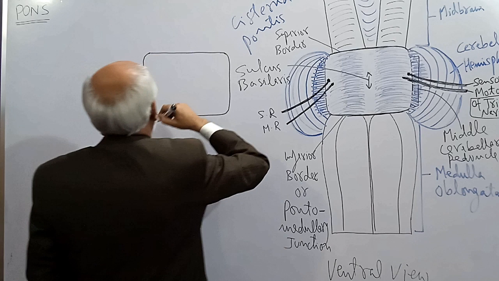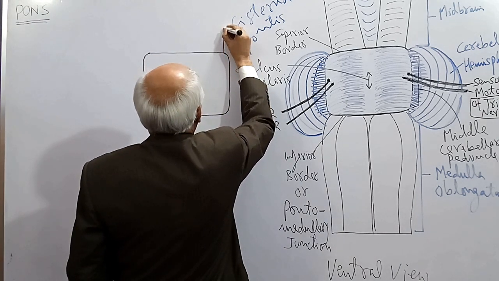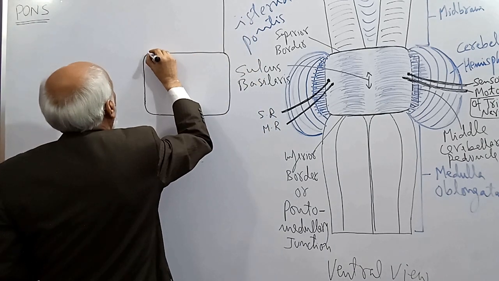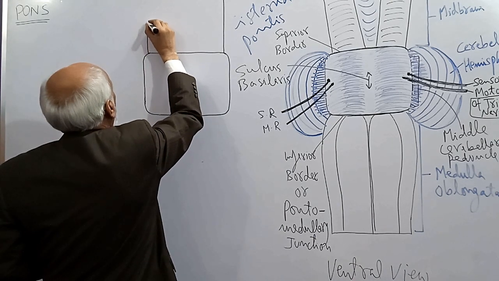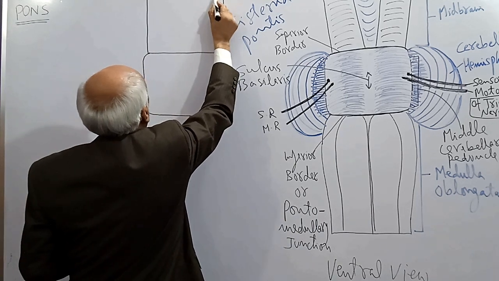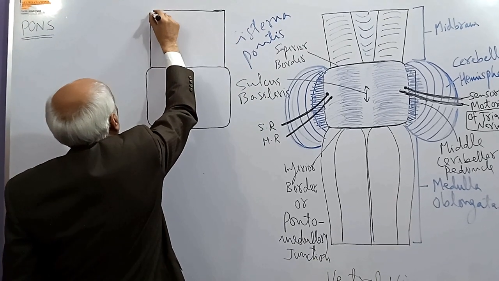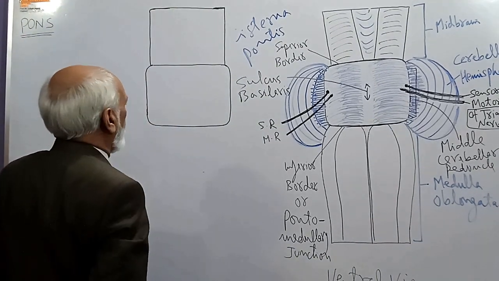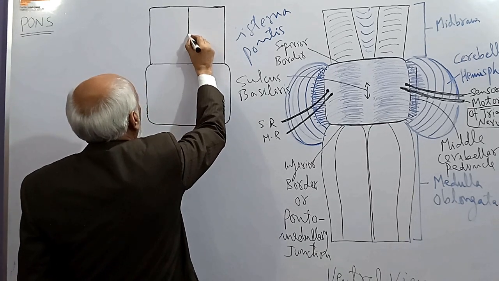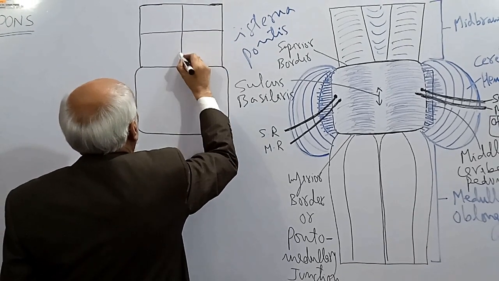Now about the pons, you know there is the midbrain, the posterior surface of the midbrain. The midbrain is crossed by the cruciform sulcus, having a longitudinal and a vertical part.